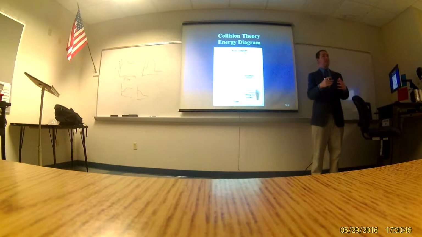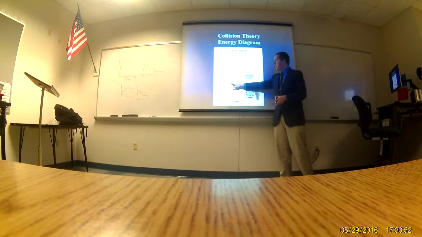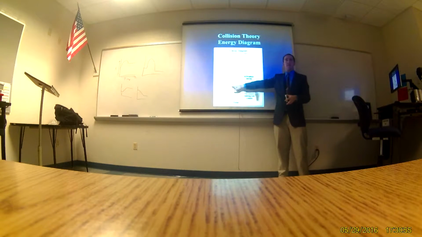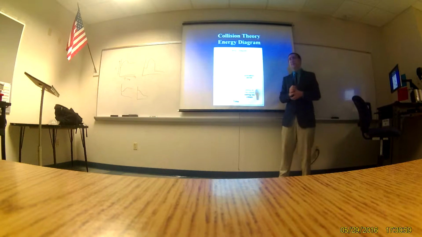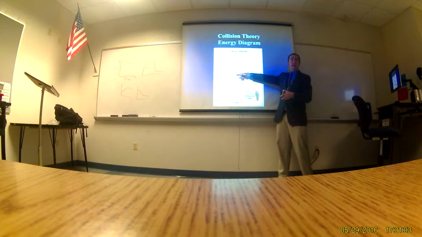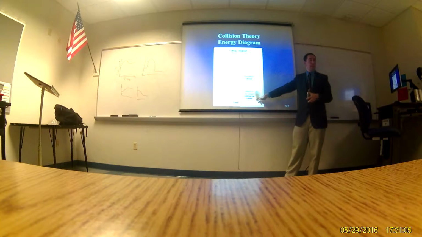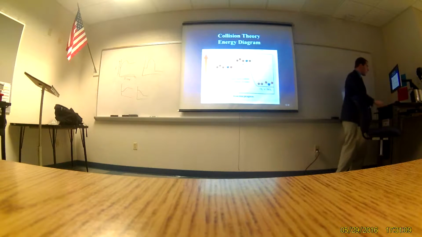It's the energy that you have to put in to get from point A to point B. Yes, in the end, I'll be happier than I am now at the beginning sitting on the couch. But I have to decide, do I have enough energy to go to the store, to get over the hump, to get to where I want to go? That's what we're going to be doing with our model.